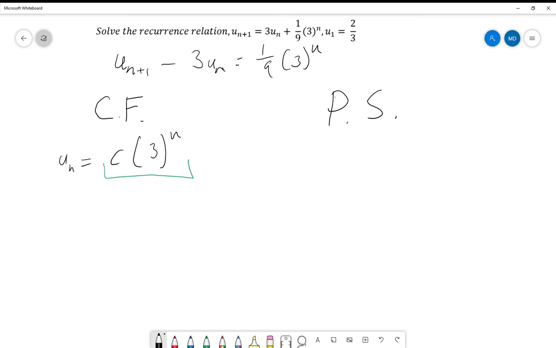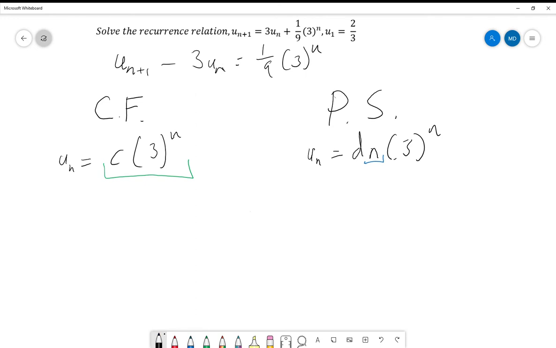So in this case, your particular solution that you want to try is going to be un equal to d multiplied by n multiplied by 3 to the n. Notice it is the same function that we would normally want to try, but we're multiplying it by this n here, so that it doesn't look exactly the same as our complementary function.